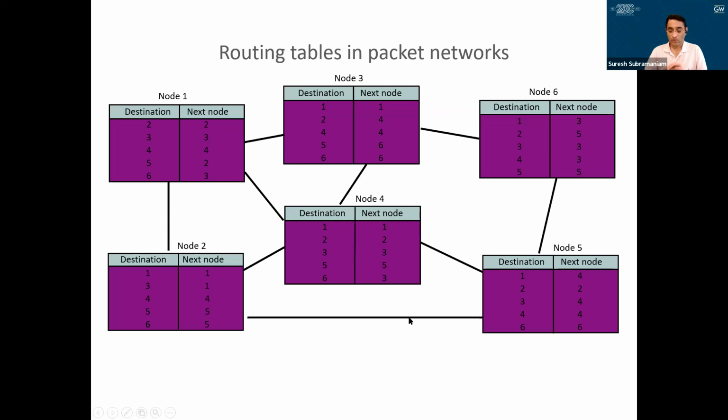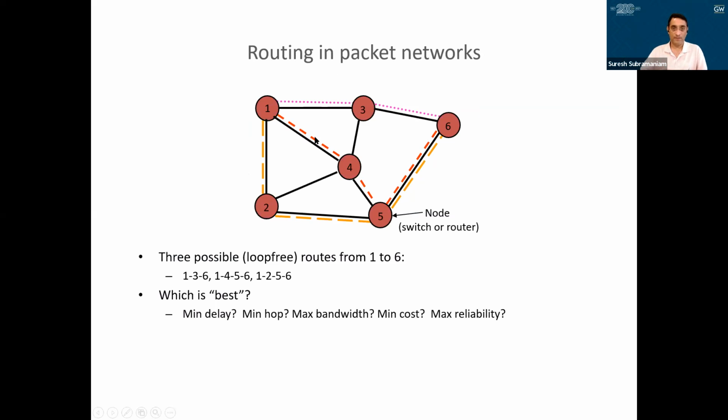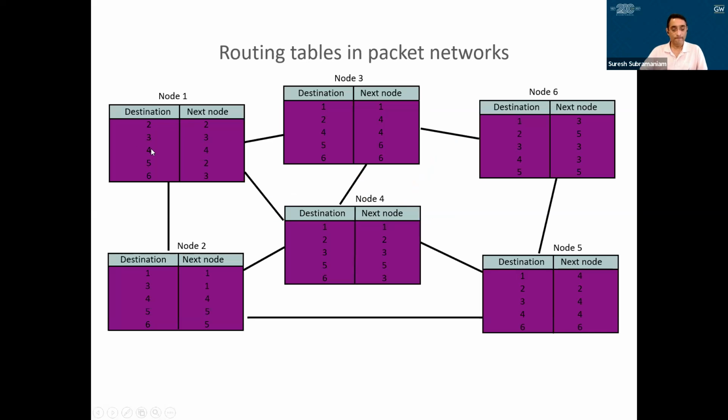Okay, so suppose we have the paths that have been determined, right? So here's the same network topology, as you can see here, 1, 2, 3, 4, 5, 6, 6 nodes. Now, each of the nodes, in the case of the internet, has a table that looks like this. This is a simplified version of what actually happens in the internet, of course.